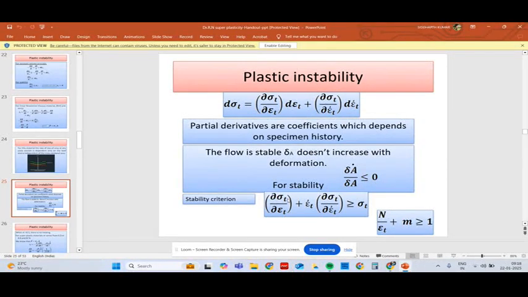This can be written as partial derivative of stress with respect to strain plus epsilon dot into partial derivative of stress with respect to strain rate is greater than or equal to sigma. So n by epsilon plus m is greater than or equal to 1.